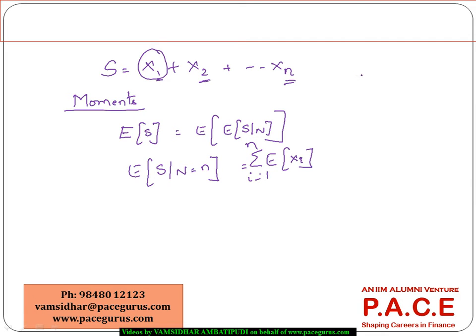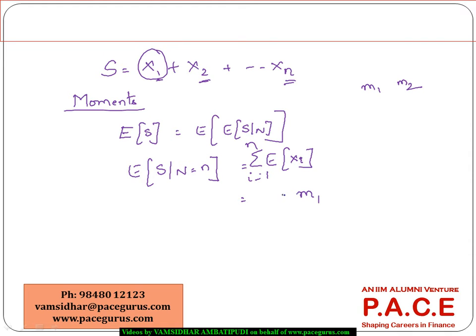Now, if I am calling the different moments m1, m2, m3, over this n, what is the expected value of Xi, the first order moment? Let's say m1.